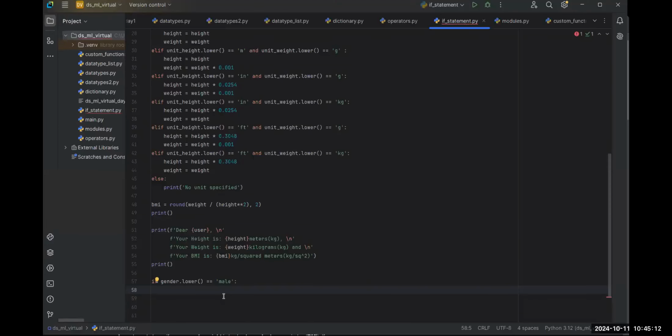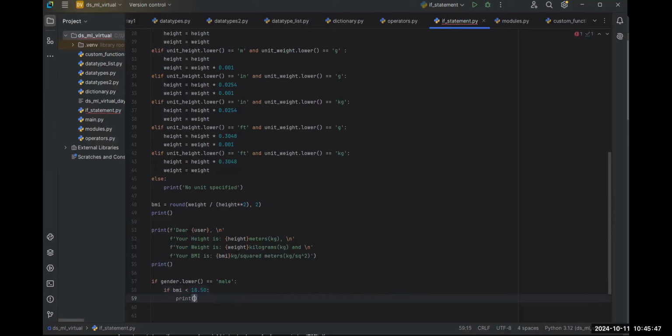Okay, that's fine. Now for gender, for male now, we are going to write everything for males. And we said if BMI is less than 18.50, what should it do?